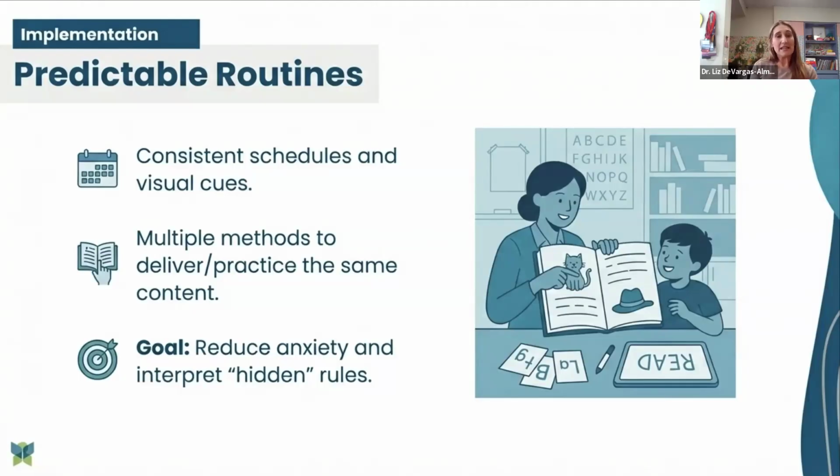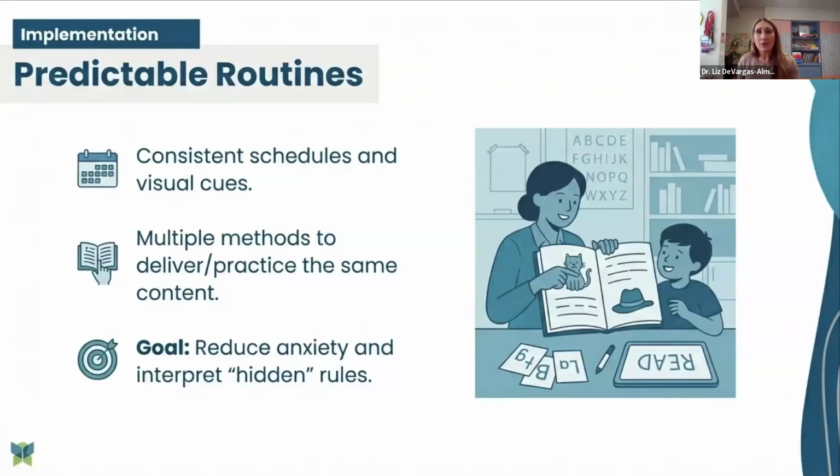It's that predictable routine. I think of one specific student who is not neurodiverse that I know of, but was extremely anxious. And she needed these routines there to know how to function in the classroom, or else it was just too overwhelming for her. And then she couldn't learn.